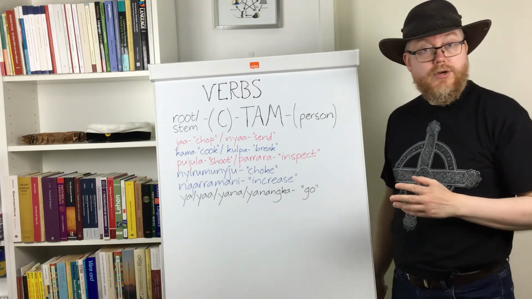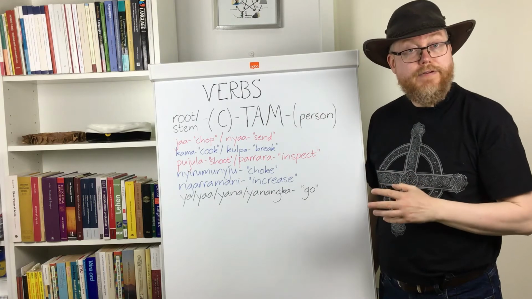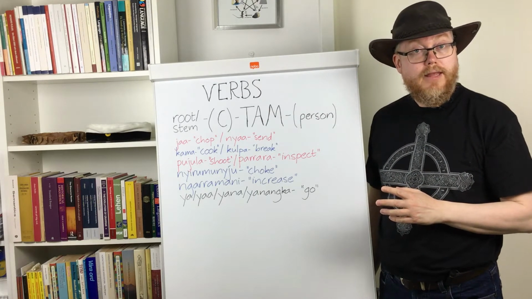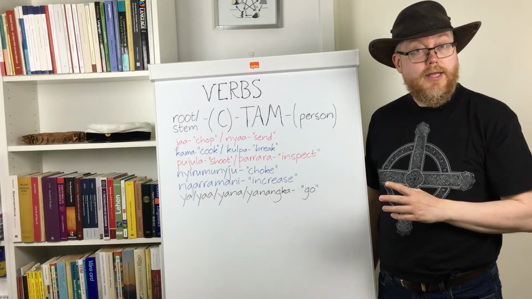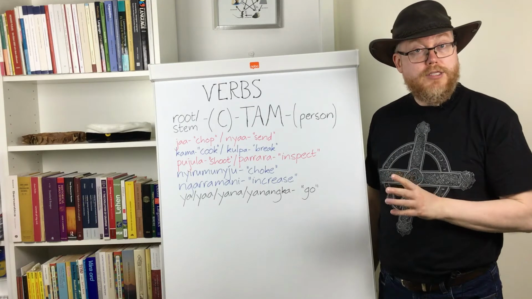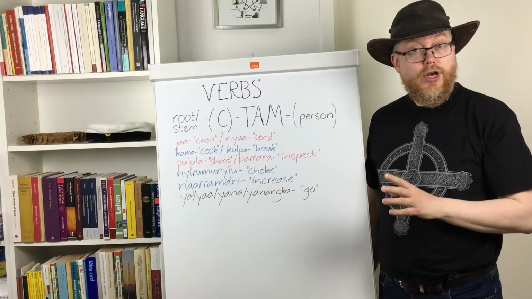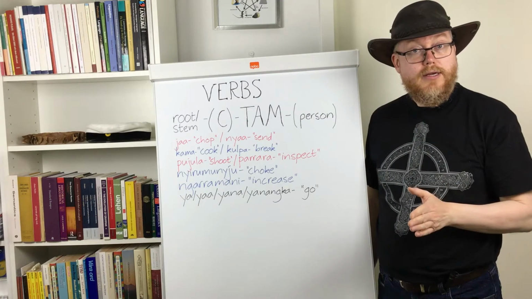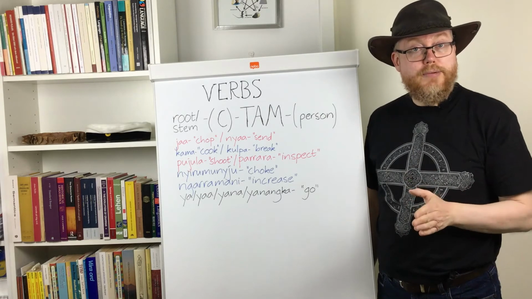Here it should be noted, though, that person marking does in fact not always occur on the verb. There are Pama-Nyungan languages in which person marking endings, suffixes, occur on the first word of a sentence, regardless of what word class that word belongs to.